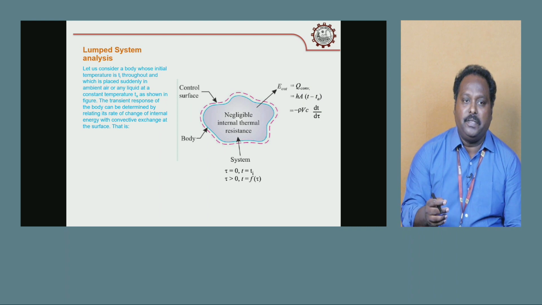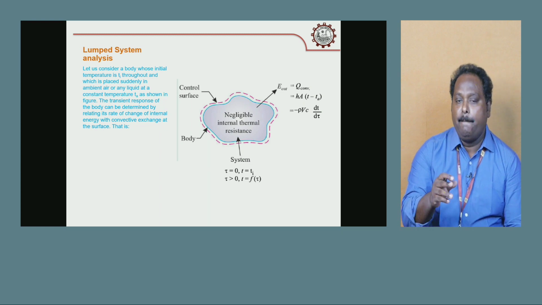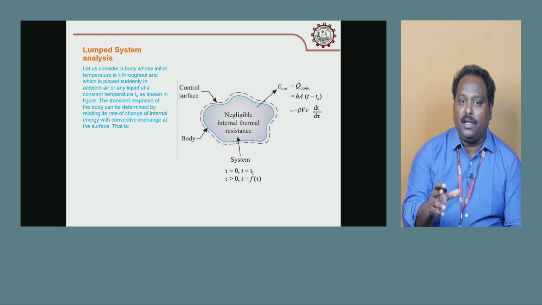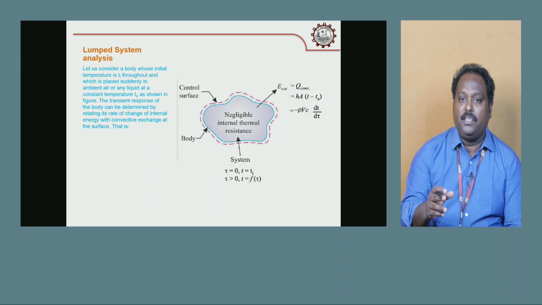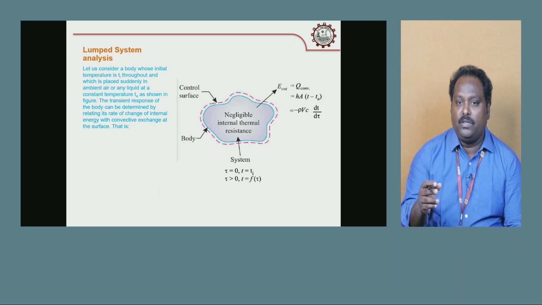The transient response of the body can be determined by relating its rate of change of internal energy with the convective exchange at the surface. That is, the energy stored in the body is equal to the amount of energy convected. How much energy is stored in the body is mCp dT.